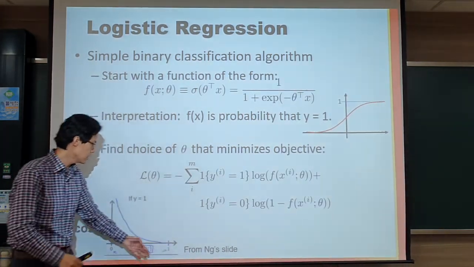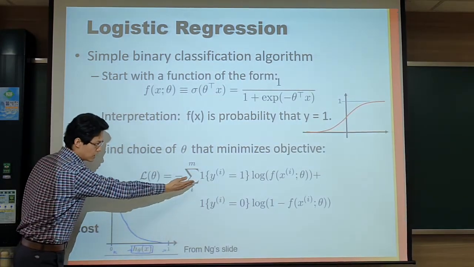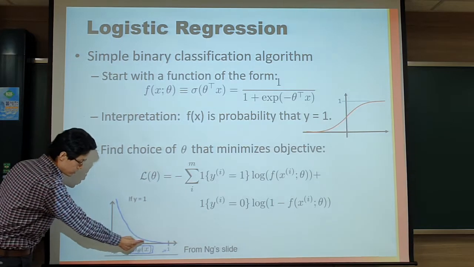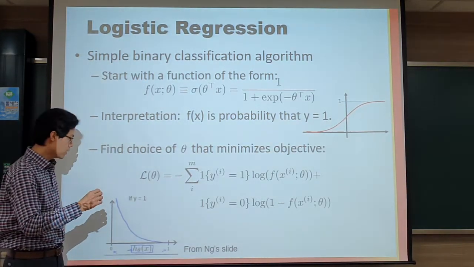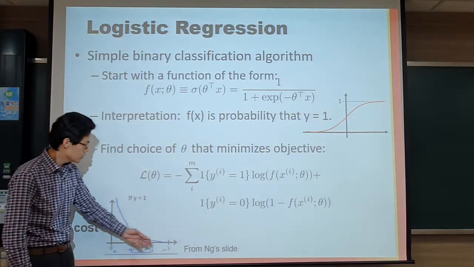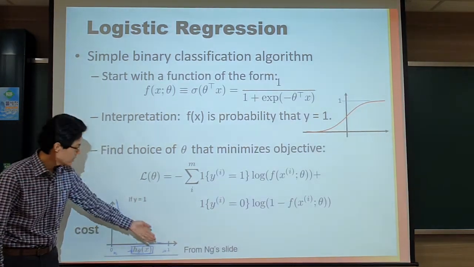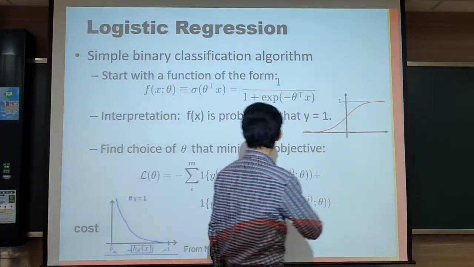But as our predicted label approaches 0, we are getting more incorrect probability, so we should give a higher cost.